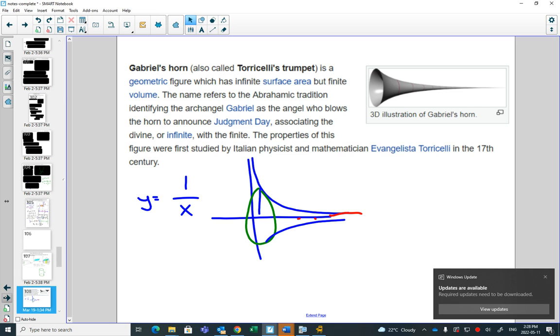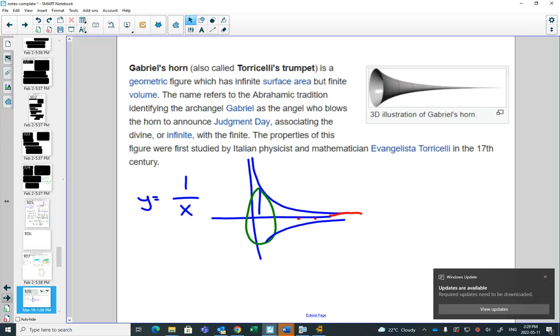it goes on forever. And it's a paradoxical shape because it has an infinite surface area, and yet it has a finite volume, which should make your head blow up a little bit, because that means you could fill it full of paint, and that paint would touch the entire inside.